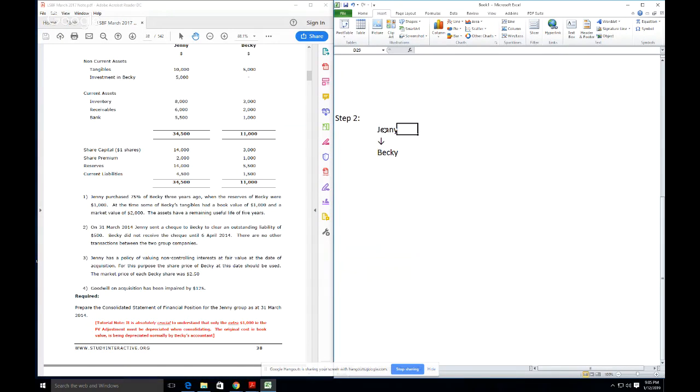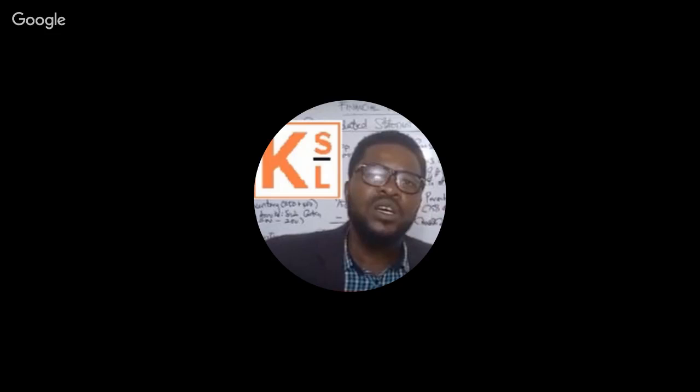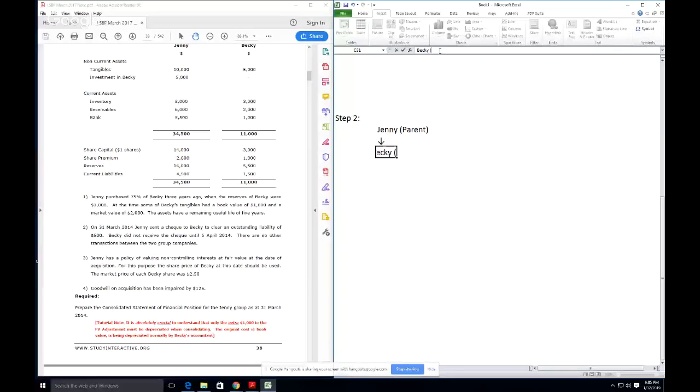Clearly, we see here that Jenny is the parent, and this is the subsidiary. We see down here that this is a 75% CI, which is controlling interest, and 25% NCI, which is non-controlling interest. And what's the duration? It says when the reserves, Jenny purchased Becky 3 years ago. Duration, 3 years ago.